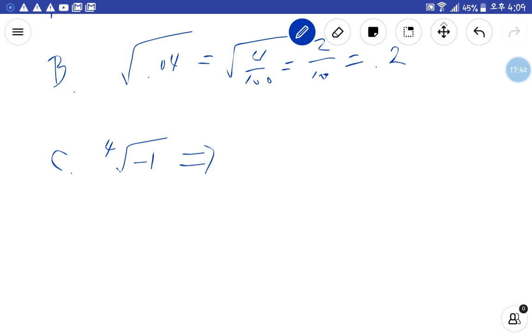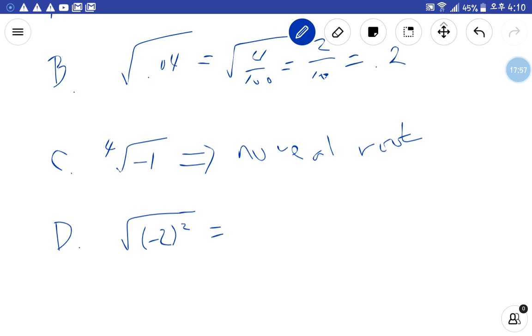No. So no real root, because your b is negative. And now D. Square root of negative 2 squared. Then you have to simplify negative 2 squared first, which is a square root of 4. And that becomes what? Positive 2. That's going to be the answer.